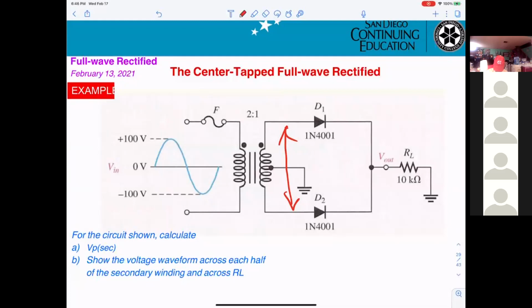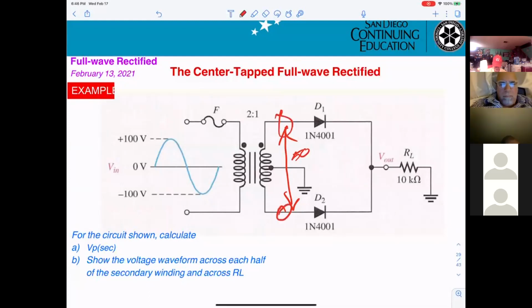So 99.3 becomes 50 on that side. And then half of 50 is 25, from here to here. And now they divide by half right here. So that will be 25.